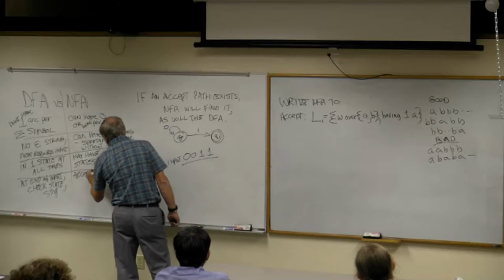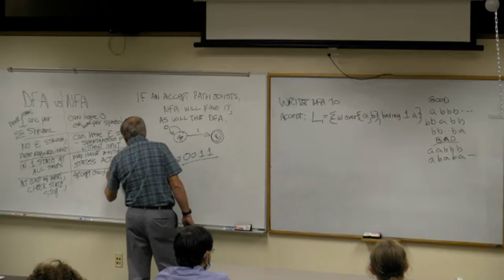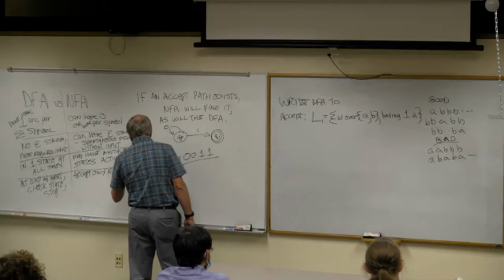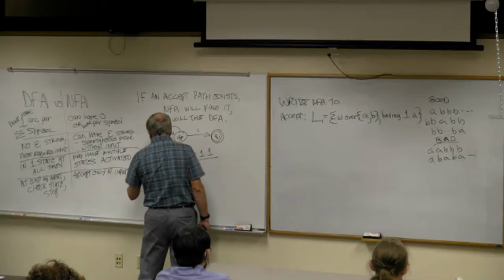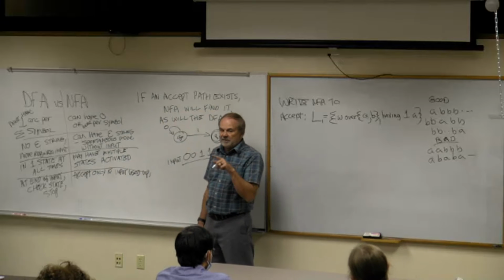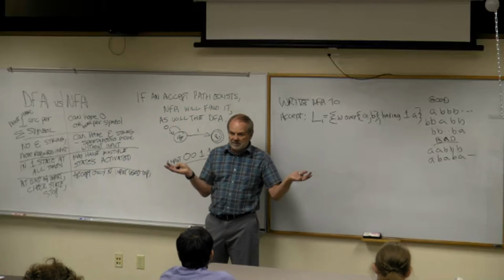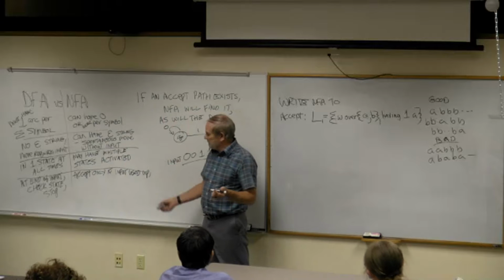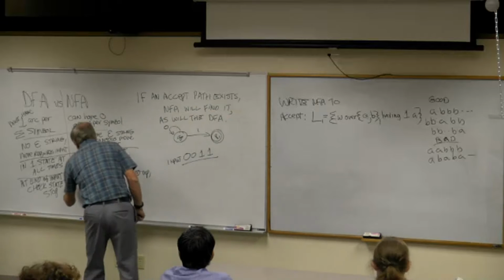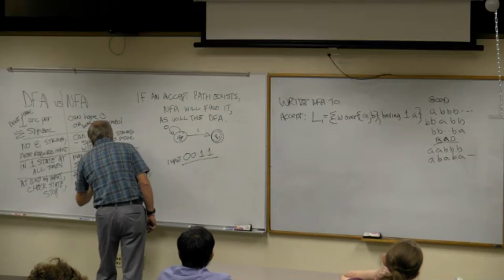We accept only if the input is used up, because you might not use up the input with an NFA. If there's no path to go, you never need a dead state with the NFA. It just stops and says, can't go any further. There's still input, doesn't matter, I reject. So it accepts only if input is used up, but may stop before that.